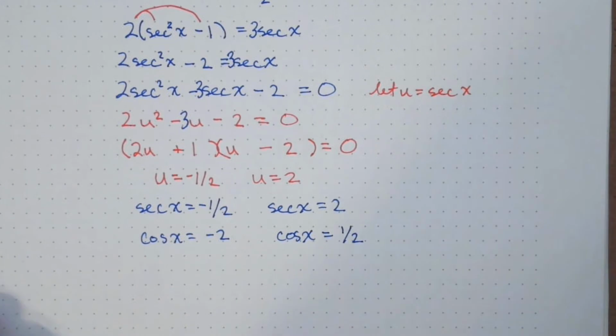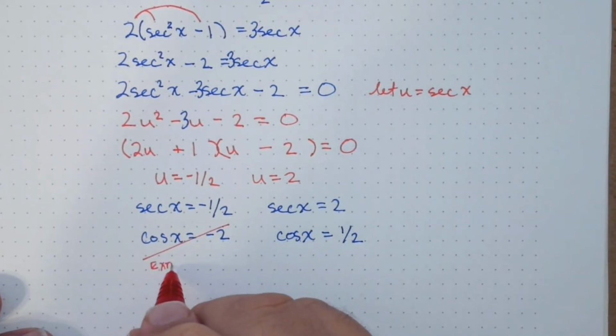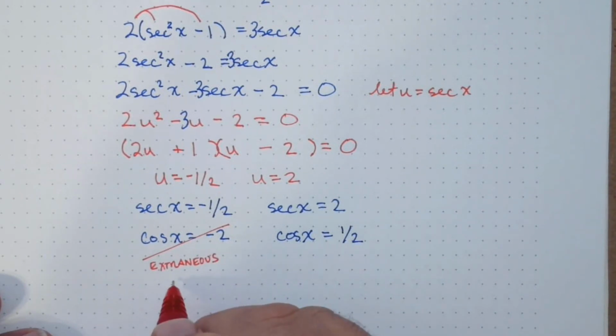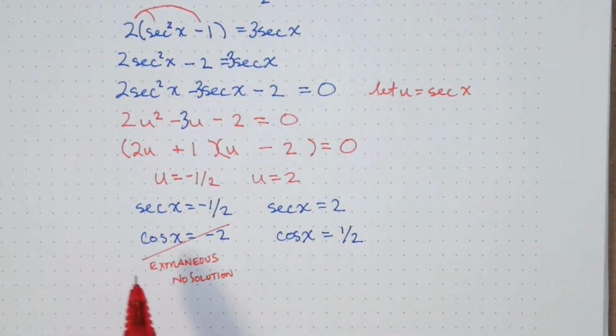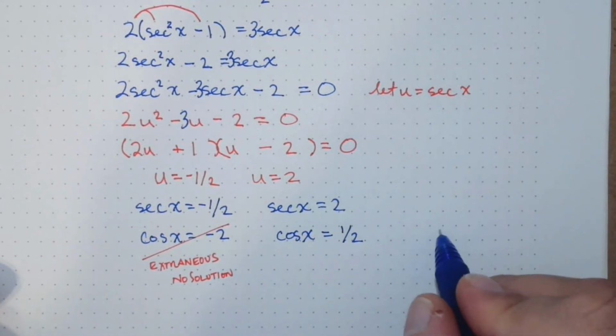Then I can evaluate, and I can see that this first one has no solution, so we can call it extraneous, because the cosine of x is never equal to negative 2. For the one over here, cosine of x needs to be 1/2.